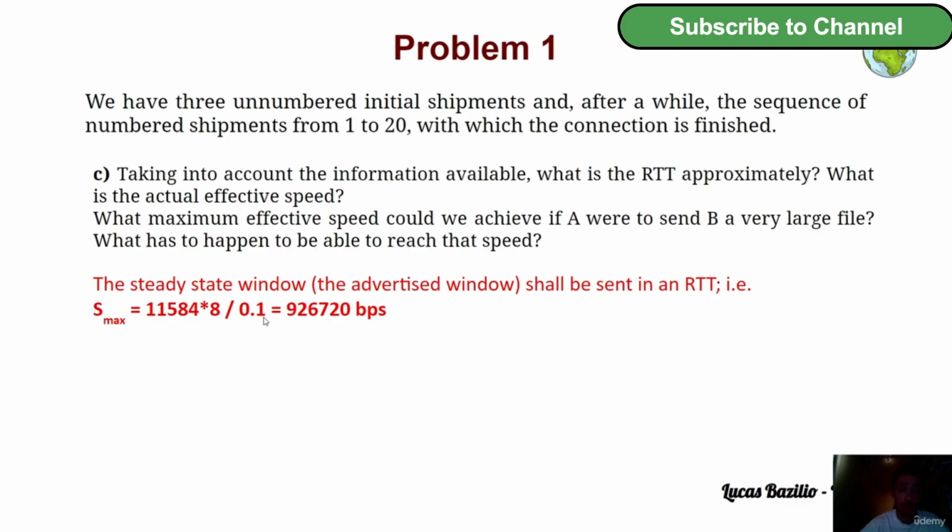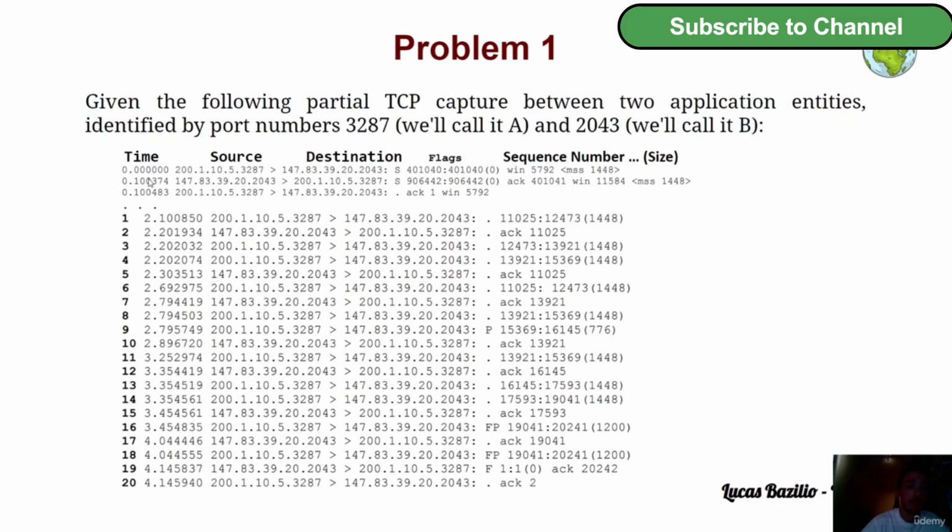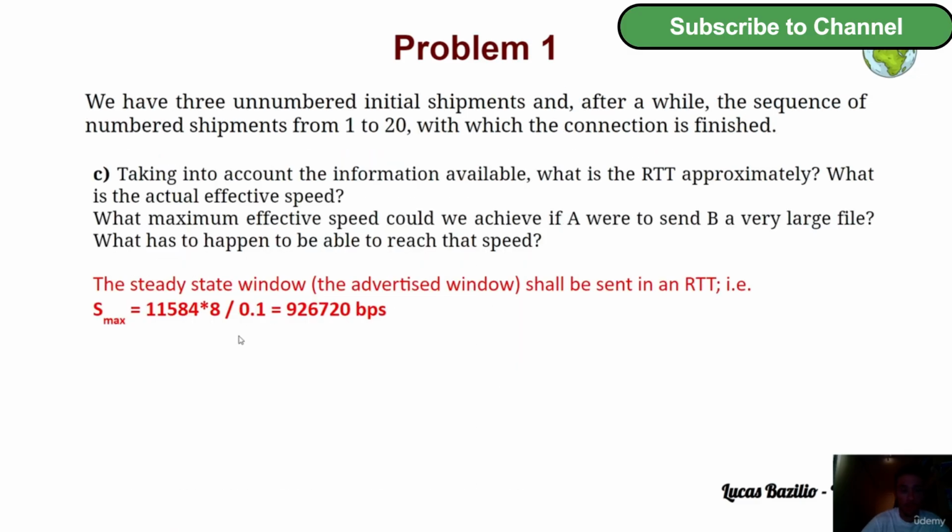Remember that the round trip time is the difference between these first two segments, which is 0.100374. Here we are rounding this to 0.1, and this gives us a total of 926,720 bits per second.